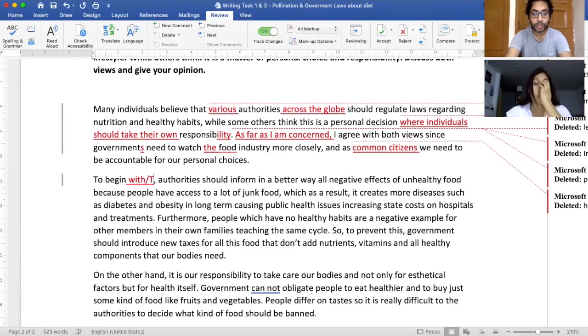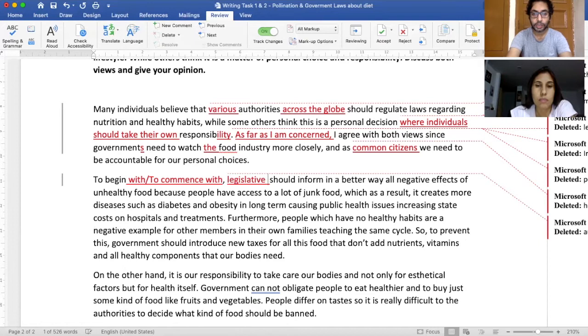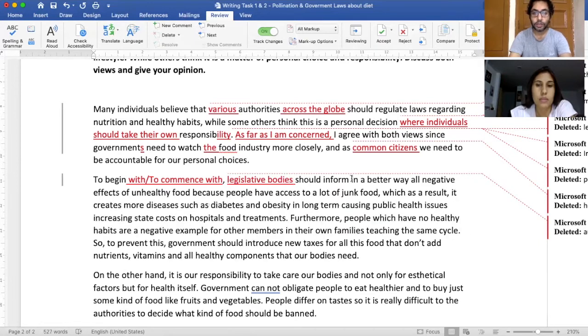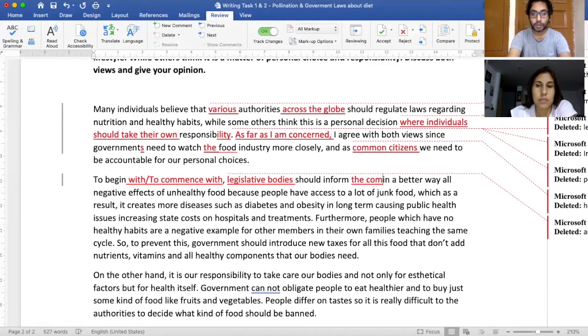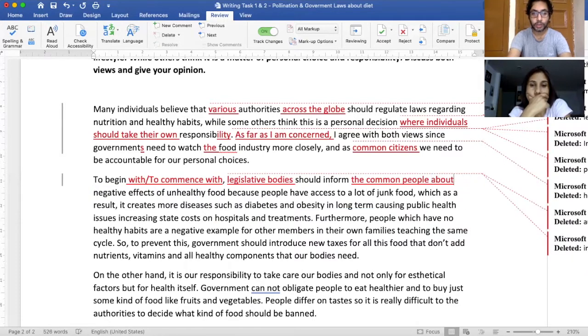To commence with, authorities should inform whom? Authorities we have already written. So legislative bodies should inform the common people about negative effects of unhealthy food. Because of people you have written, the common masses.